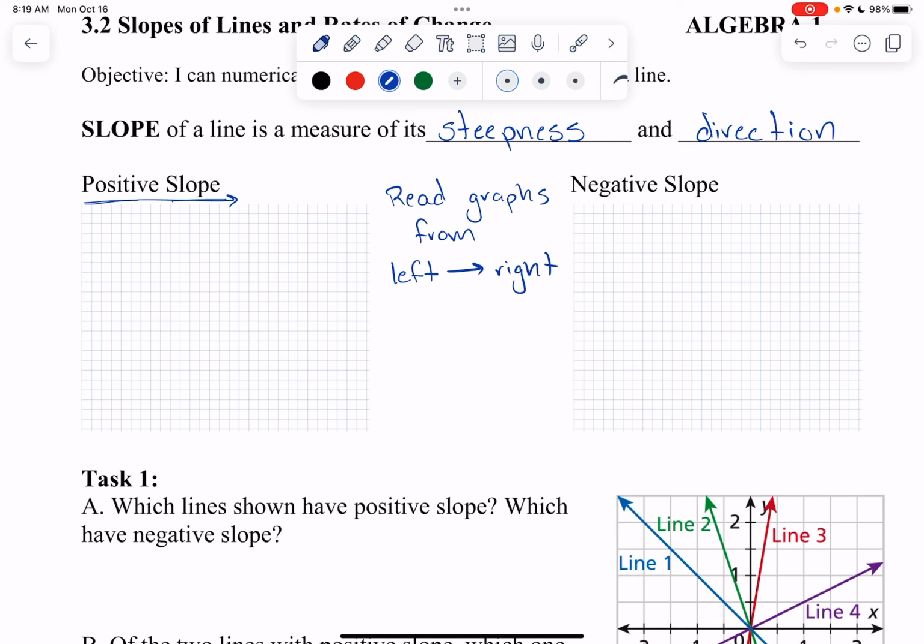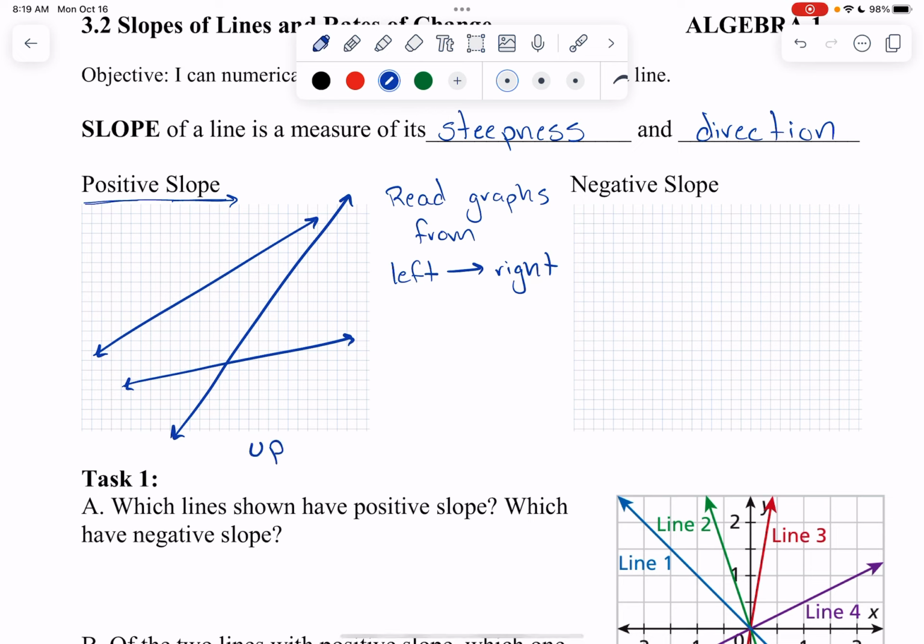If my line goes up from left to right, like that, or like that, or like this, all of these lines go up as I read it from left to right. I always start by thinking of a little guy on the left-hand side of my line: which way is he walking as he walks to the right?